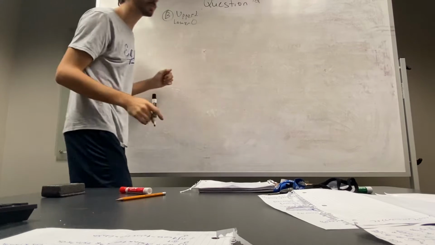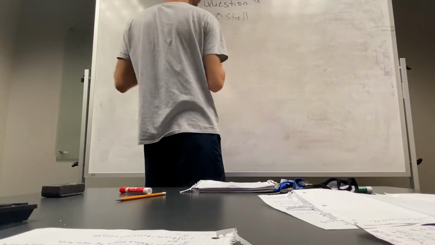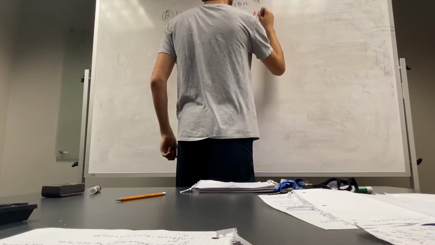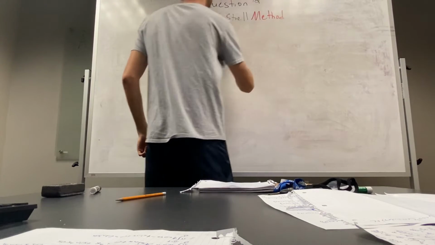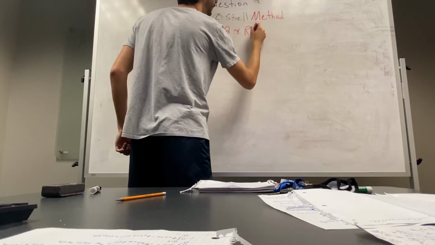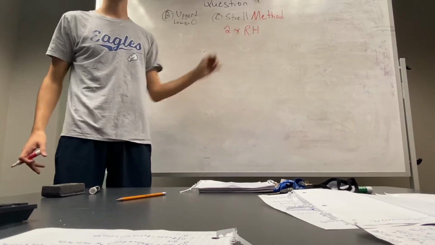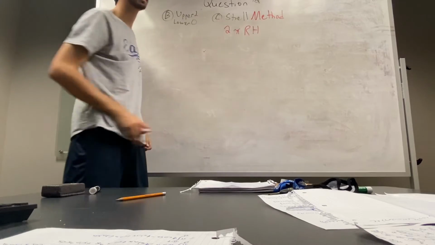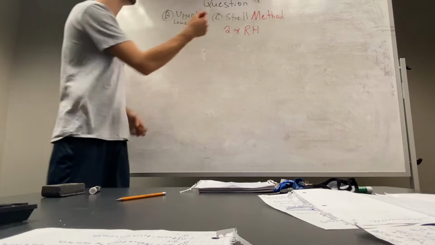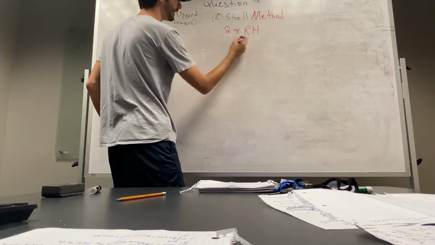Now we are going to use the shell method, which is 2 pi r h. You might be wondering, what are these variables right here? This is going to be our radius and our height, and that's going to be determined by our functions that we already have.